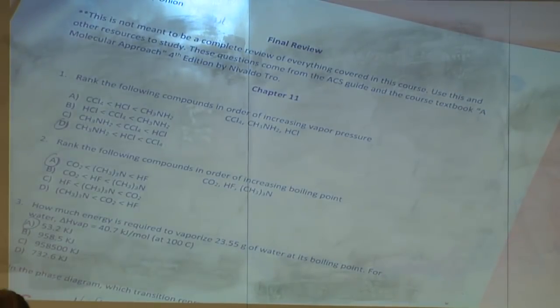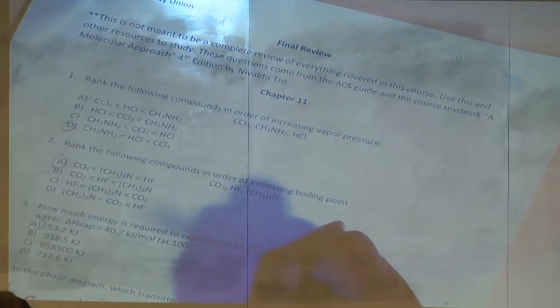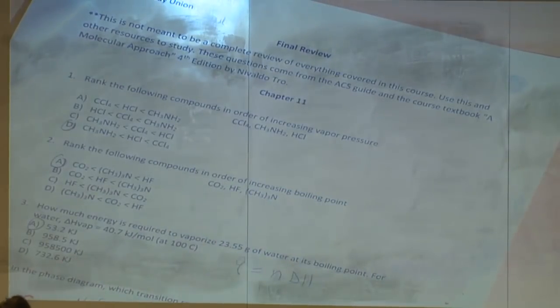So we're looking for Q. We're given the delta H, and we can find the moles because we're given the mass. So warming up is the slanted parts, and then it's transitioning.